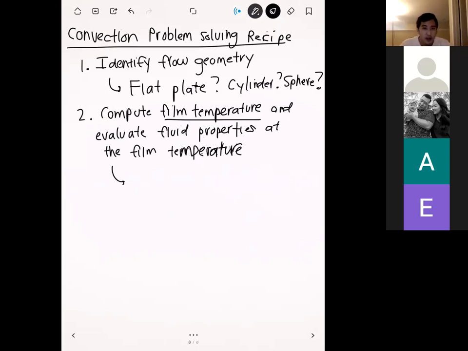The properties that you need to look up are usually three. The first is the kinematic viscosity, which is nu. The next is the thermal conductivity of the fluid, which is k_f. And the last thing that you look up is usually the Prandtl number. So that's the last one. Okay.